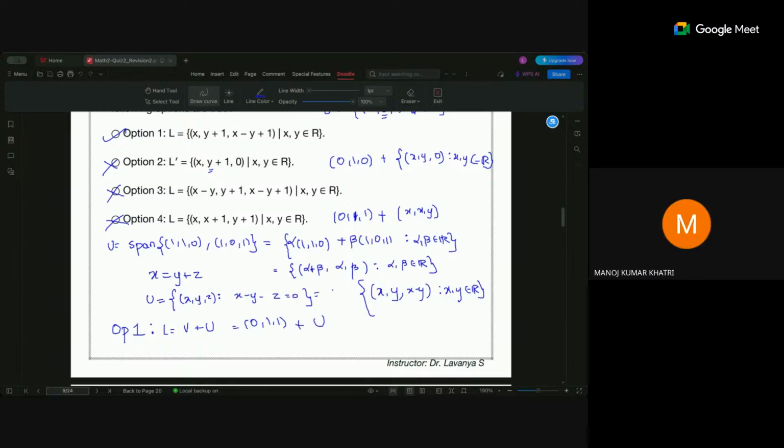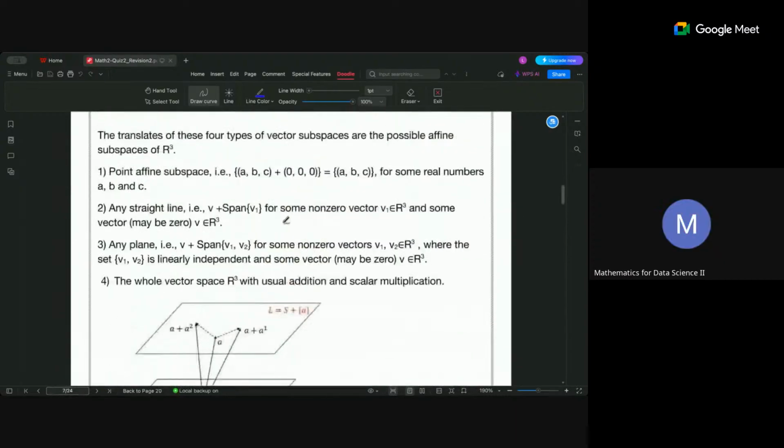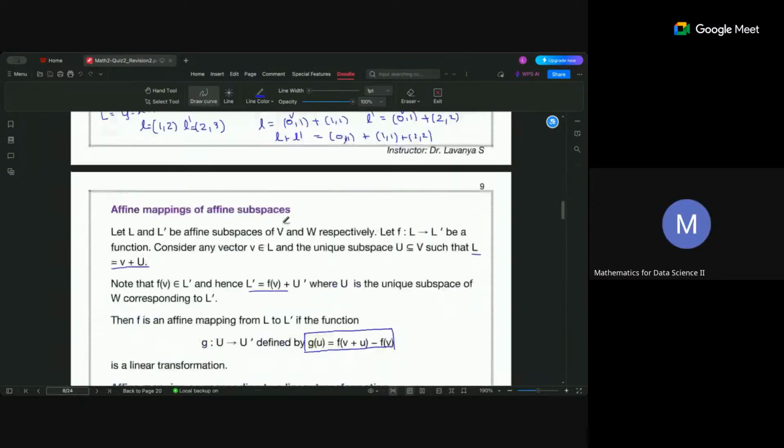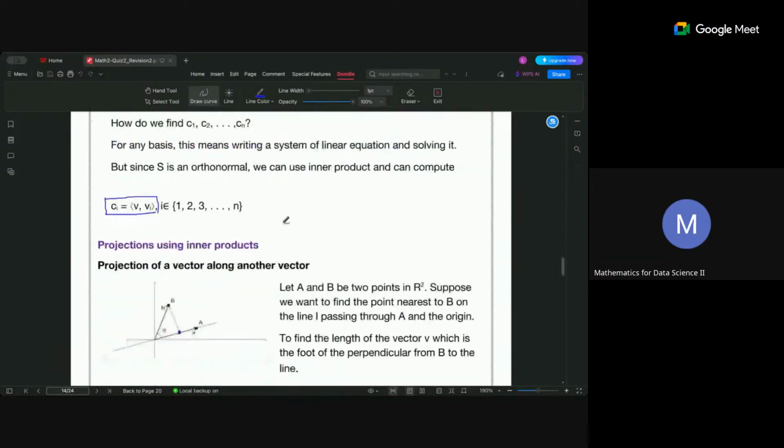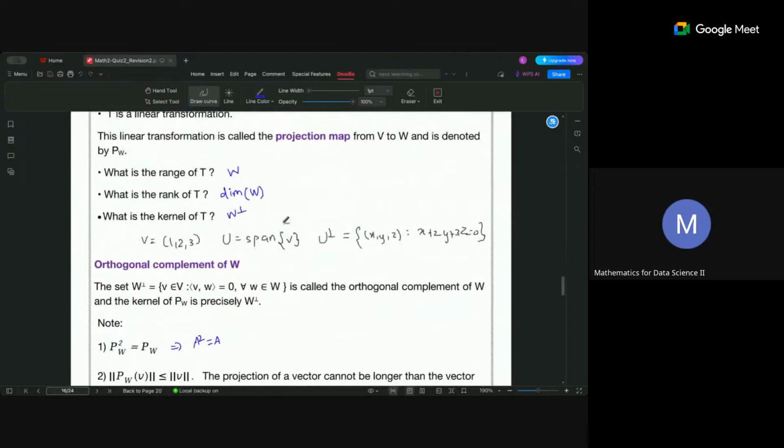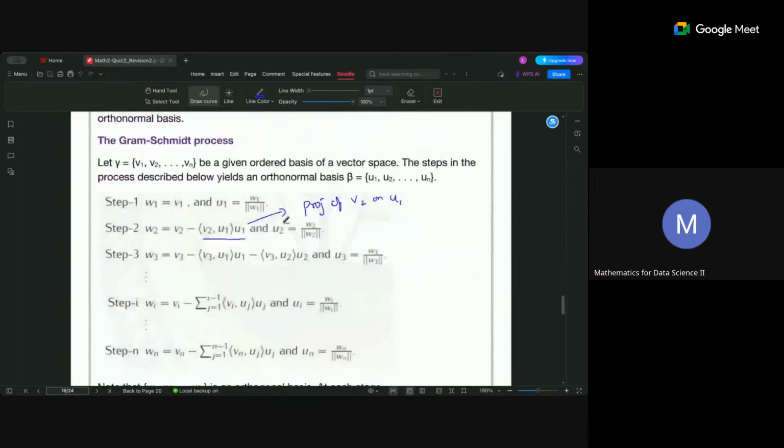Ma'am, can you repeat Gram-Schmidt once again? Gram-Schmidt is basically a set of formulas only. There is nothing much to explain, that's why I did not spend much time there. You have to remember that formula.